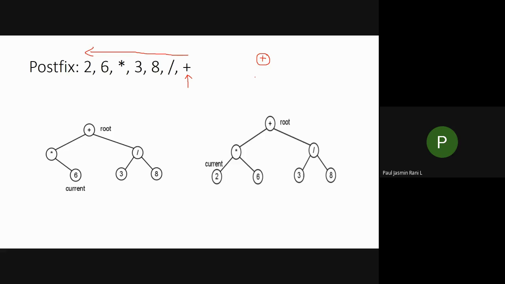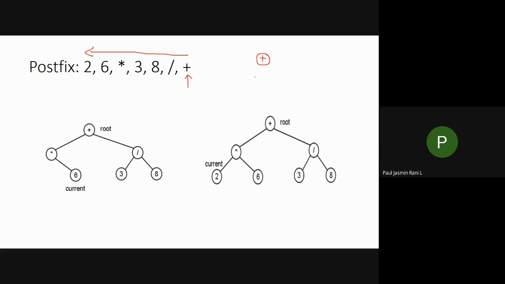Leaf means you should not have any branches, any children or child. All the operands, that is numbers or alphabets, should be placed on your leaf node. And if I say operator, definitely you will have operands. Therefore operators should be placed in the internal nodes. Internal nodes means they will have branches.